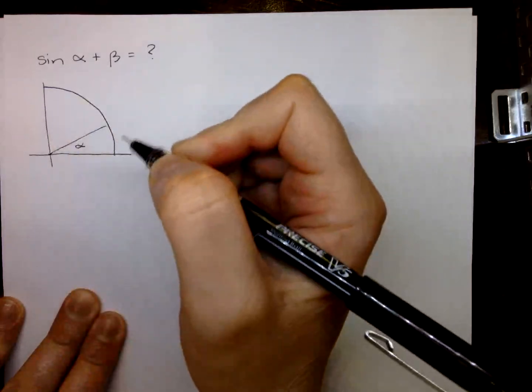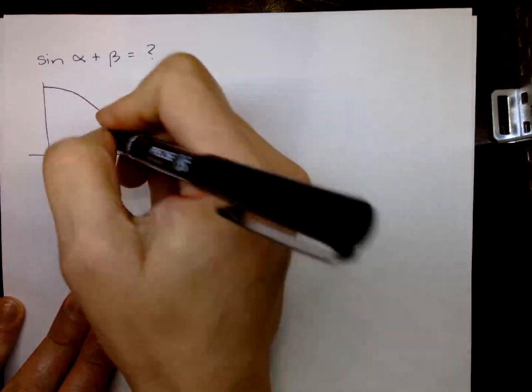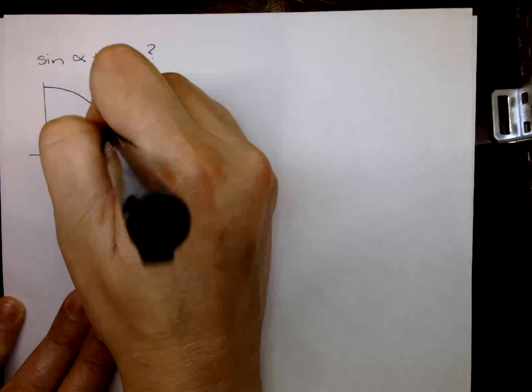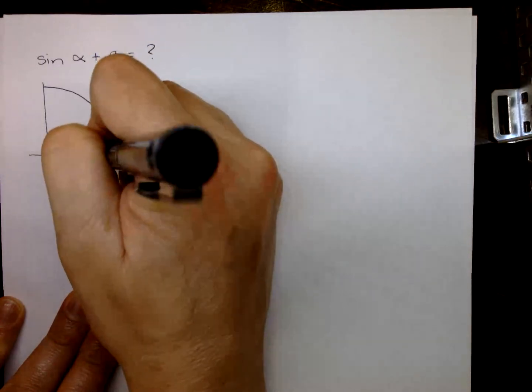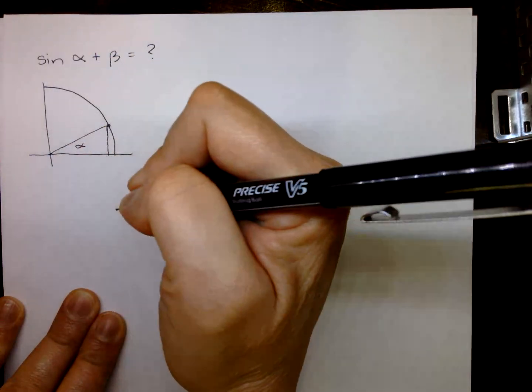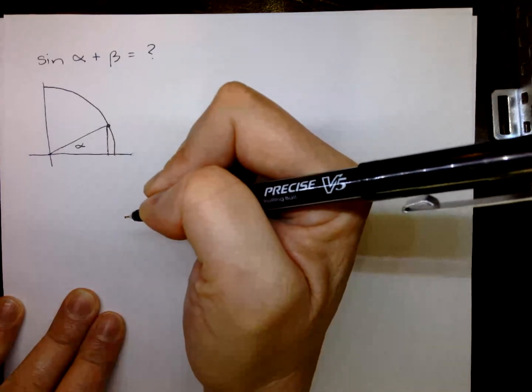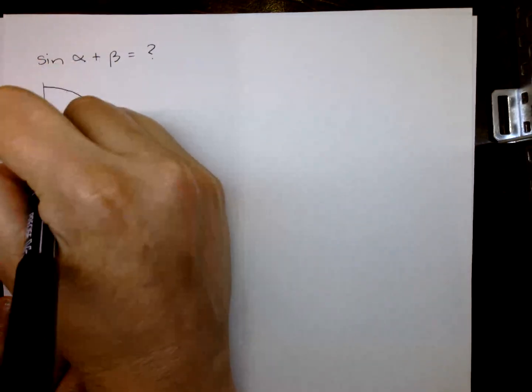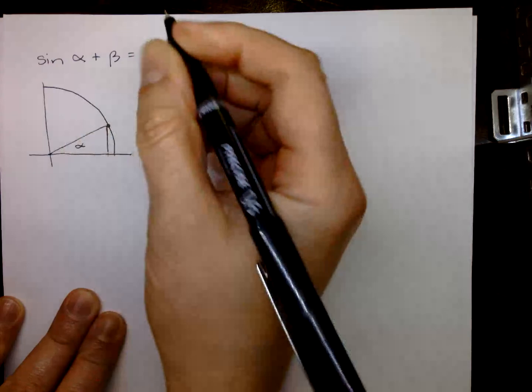If we want to know about the sine of alpha, that would be the height of that segment right there. So sine meaning the y value of that point.